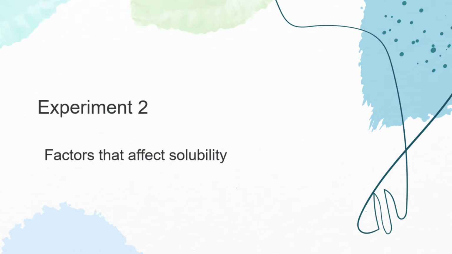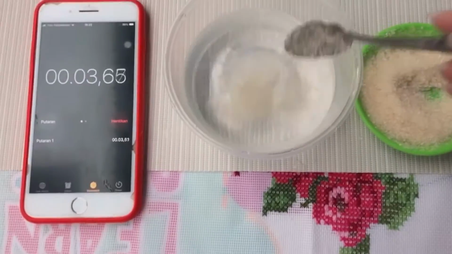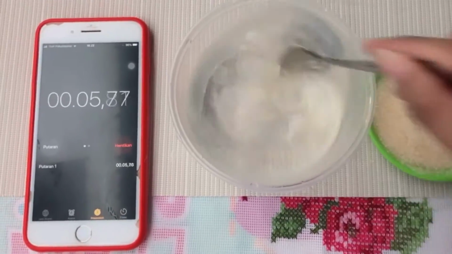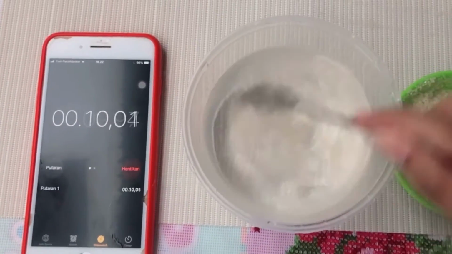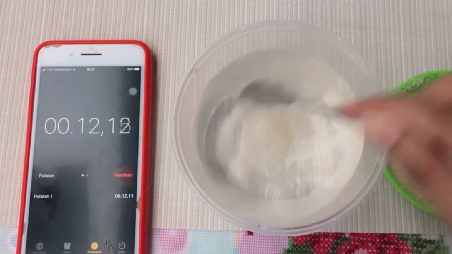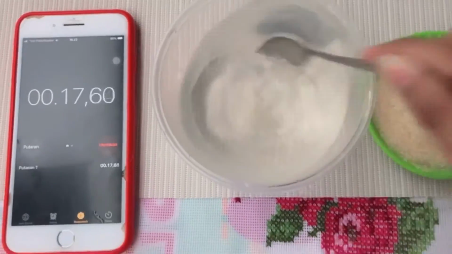The second experiment is factors that affect solubility. In this experiment, I already prepared a glass with half a glass of water, and then I add a spoonful of sugar, and then I stir it and record the time with a stopwatch until the sugar dissolves.